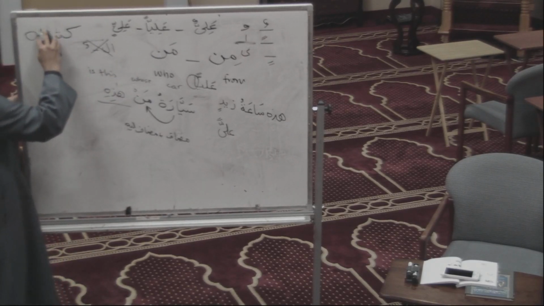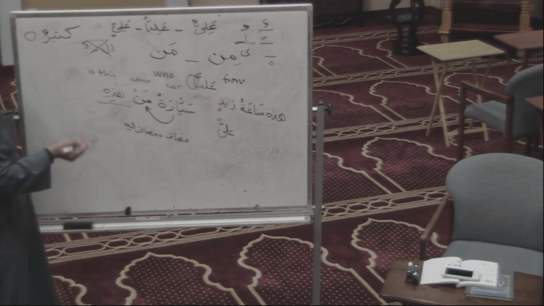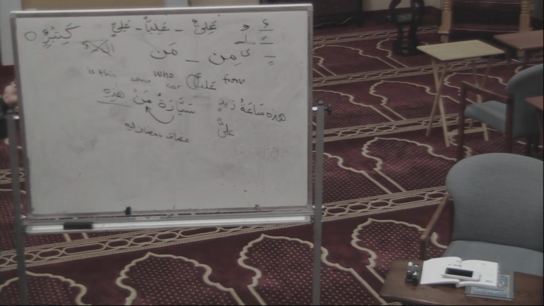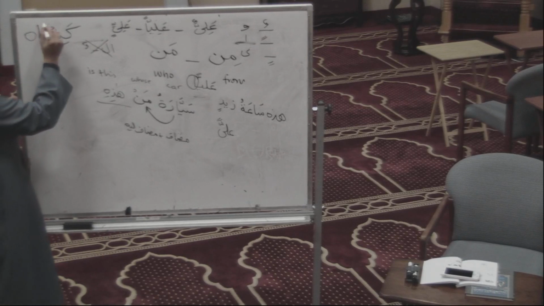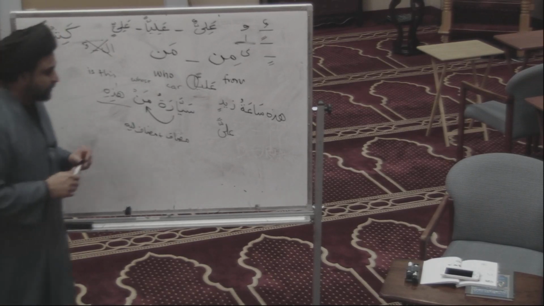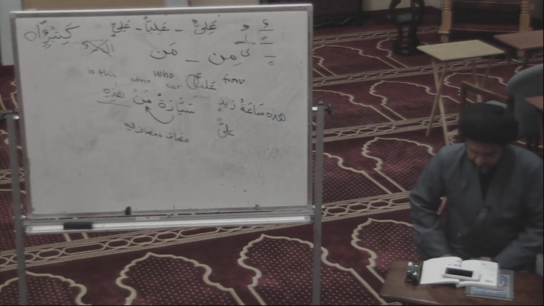Kathir. You won't say kathiro. That would be wrong, right? You would say kathir. Or if it was kathirin, same thing. Kathir. But if it was kathiran and you were to stop, you would say kathira. That's the rule even when you're reciting in Quran.